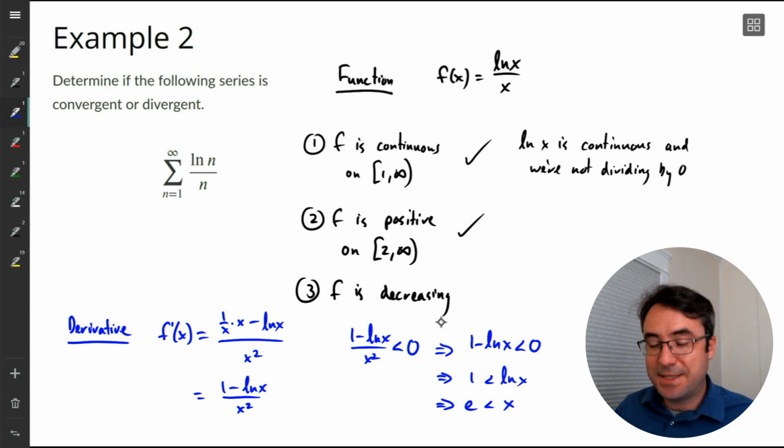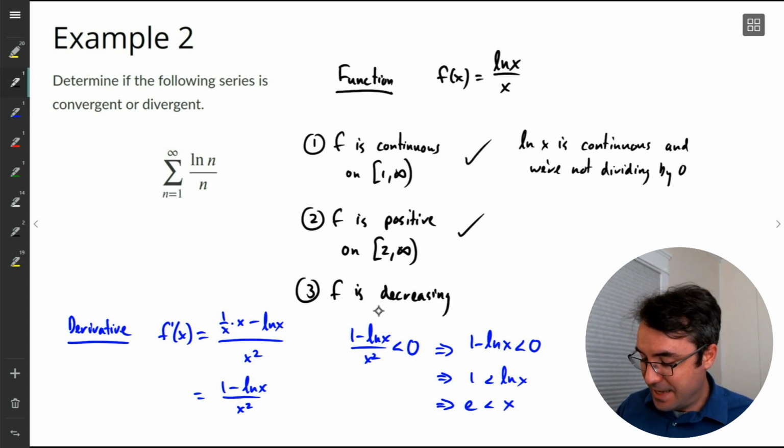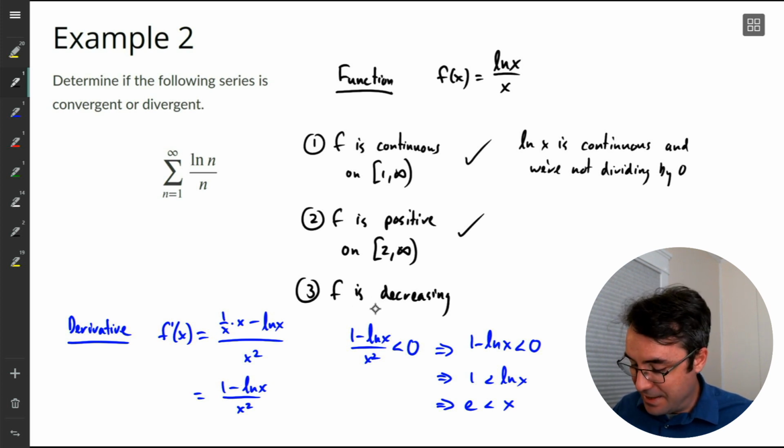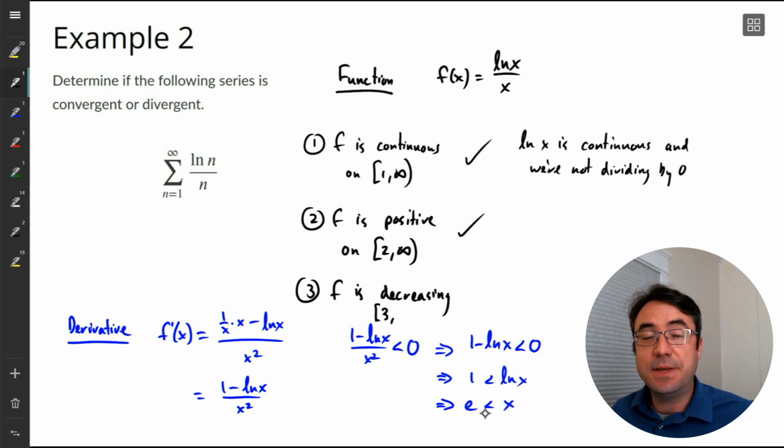So what this means is f is decreasing on the interval. If we want to keep that as an integer value here, we need x to be greater than e. So let's go to the next integer, which is 3.